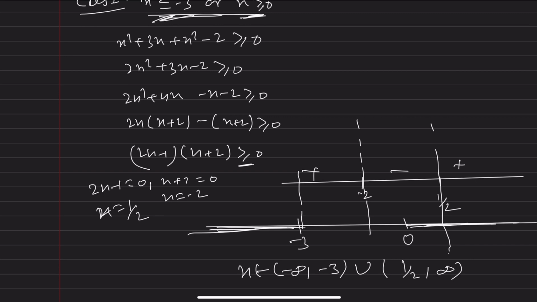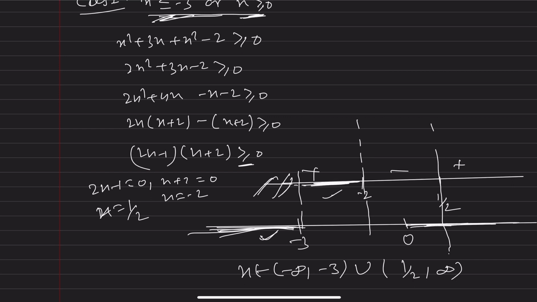You can see that if you take any number between minus 3 and minus 2, it is not going to satisfy, since it is saying that you have to consider all the values which are less than minus 3. So what is common? We have only these values, which are greater than minus 3.